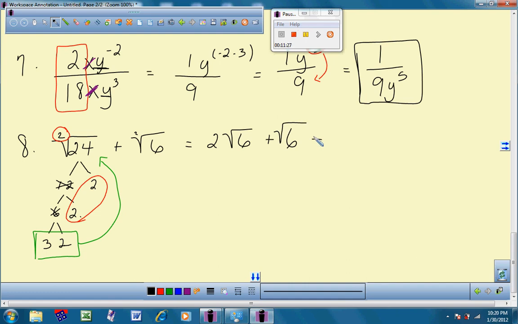Put your equals, and now we have an equation that we need to solve. I see I have a root 6. That means I can add 2 and the 1 that you see in front of the second root 6 here. 2 plus 1 is 3, and all we need to do is attach root 6. And this is your final answer.